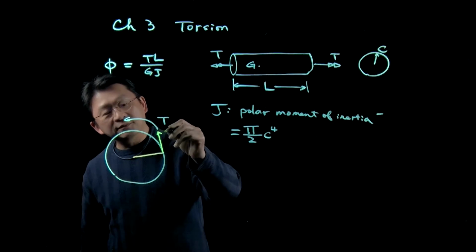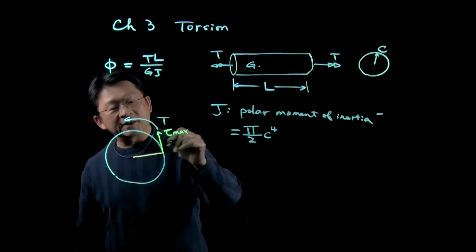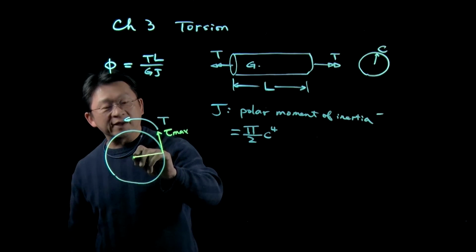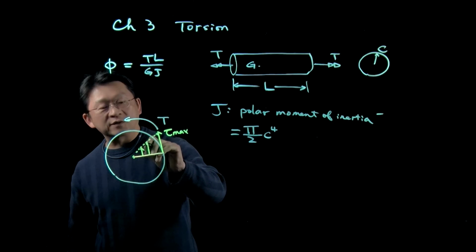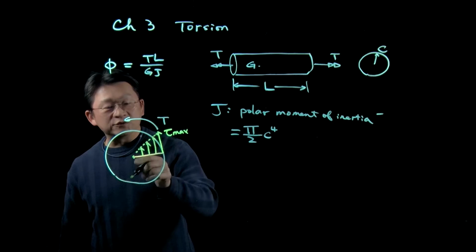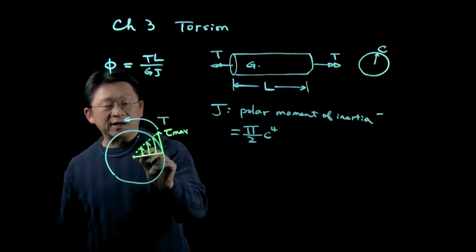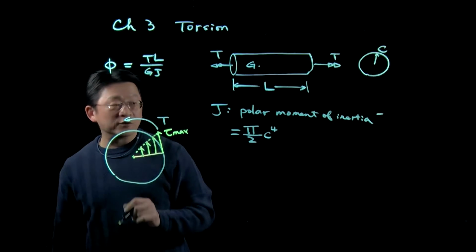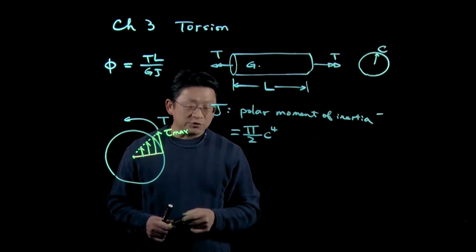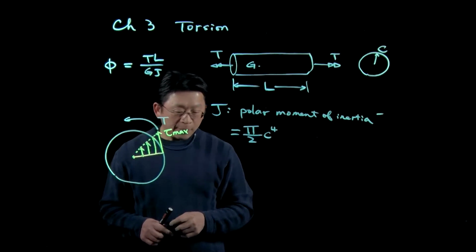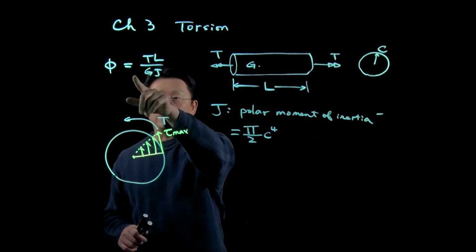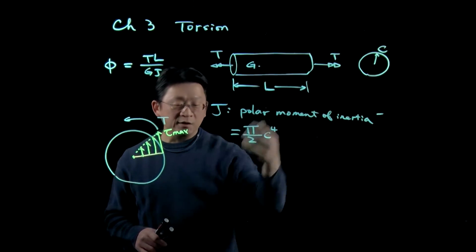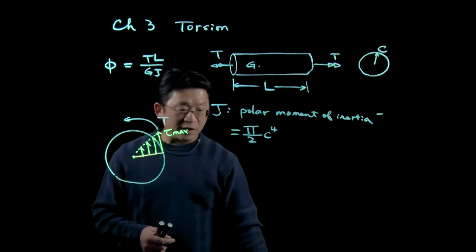The maximum is at the outer surface, 0 at the center, and the distribution is linear. So as long as you can determine any radial distance, you can always predict the magnitude of the shear stress. The remaining chapter 3 will be based upon those fundamental concepts, applied to further practical problems.